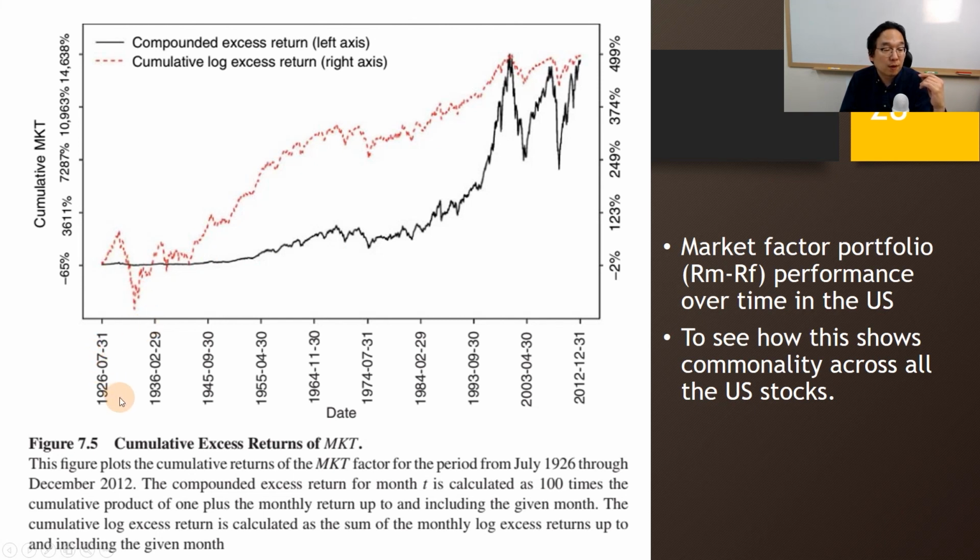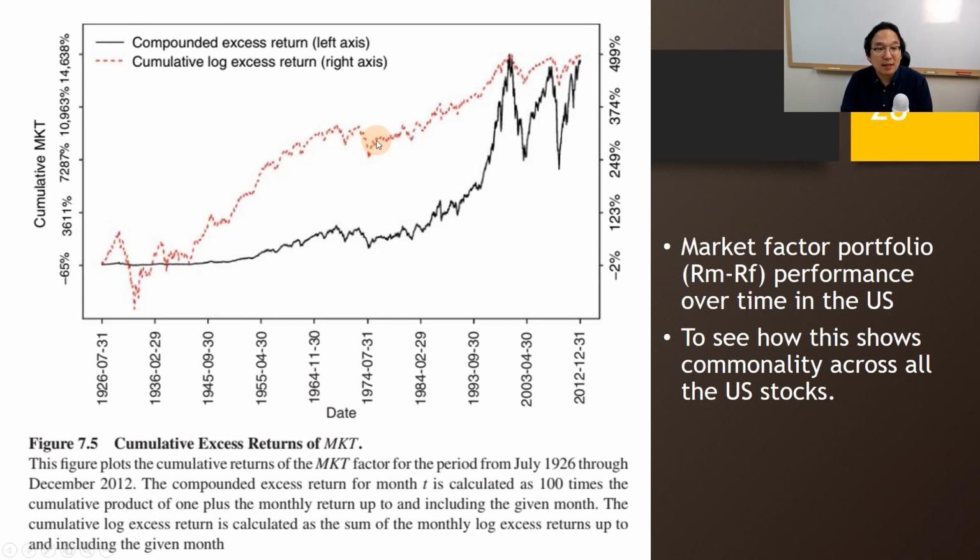Starting from the US market, from 1926 up until 2012, it has been performing in this way. If you follow the compounded excess return, you can see that it tells us a lot about what we experienced in the stock market. Also, if you look at the log excess return, it shows this dramatically. You look at the 1929 Great Depression or stock market crash, the Black Monday thing. You see a huge decline and then rebounding back.